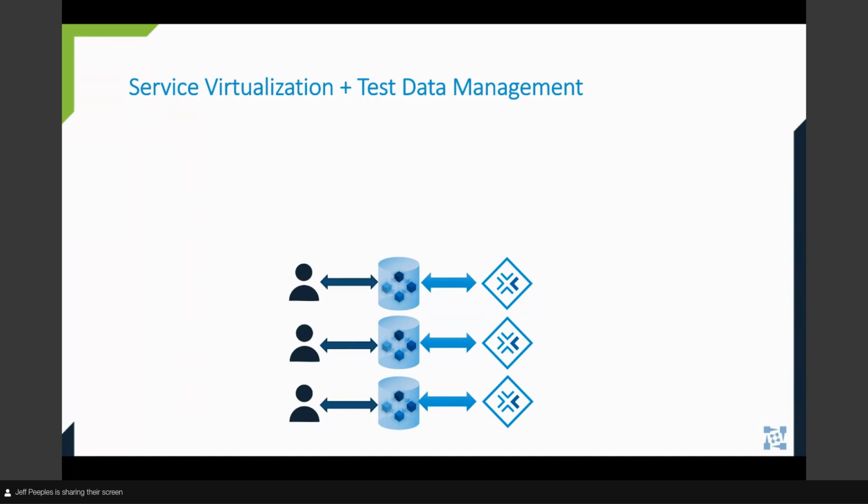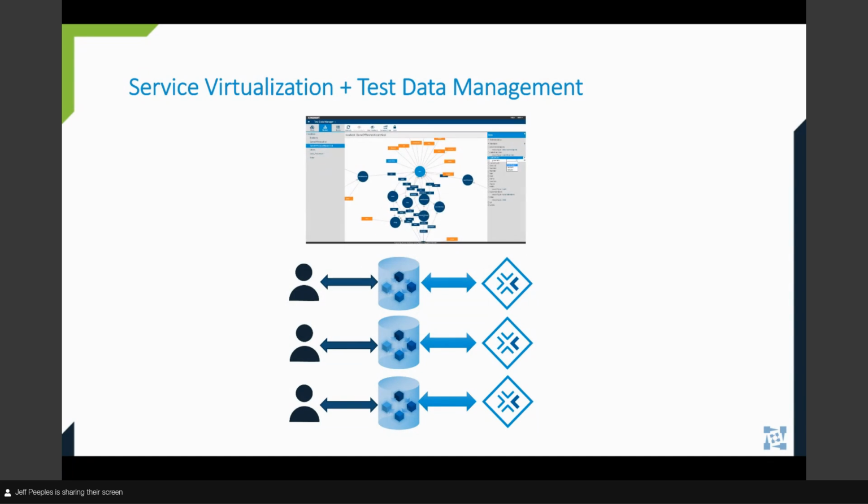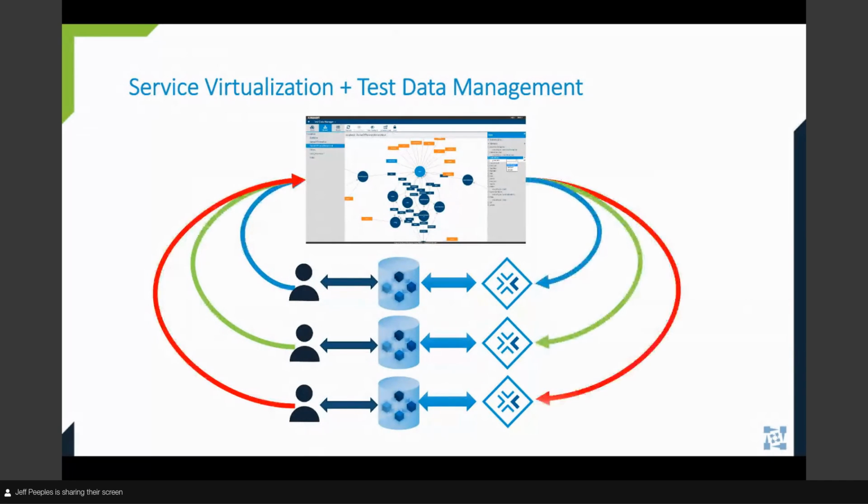It's a virtual system. So we then have the ability to combine that simulated delivery mechanism with our test data modeling system, which allows us to visualize the data that's available to us, which we gathered from our record and playback. We take that data and we can actually see the shapes and relationships of that data. And we can then, in a self-service way, choose the different types of data that we want for our individual testing activity.